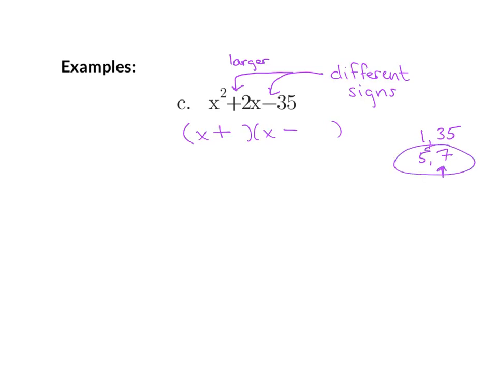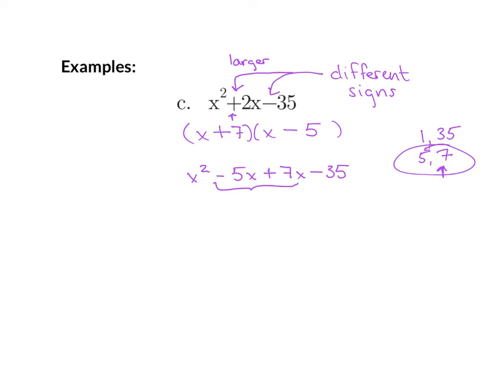My 7, since it is larger, I want it to have the same sign as the middle term. So I'm going to put the 7 with the plus wherever the plus is, and I'm going to put the 5 with the minus wherever the minus is. So now if we go ahead and distribute, or FOIL, we get our x squared, outsides is negative 5x, insides is positive 7x, and lasts is minus 35.